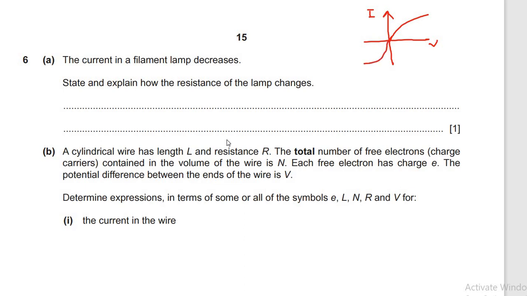Now, how does a filament lamp work? A filament lamp consists of a small semiconductor material in it. An increase in temperature of the filament lamp increases the energy.